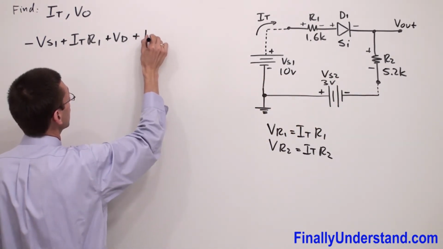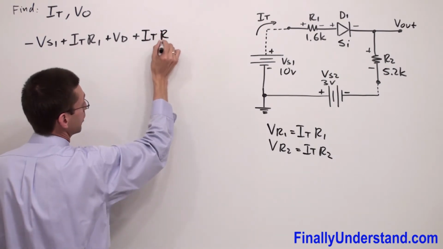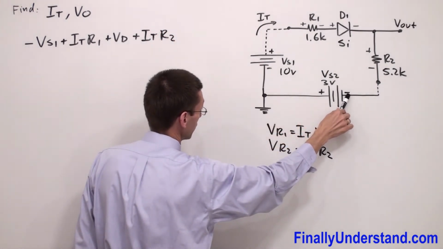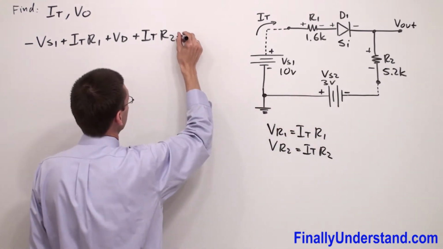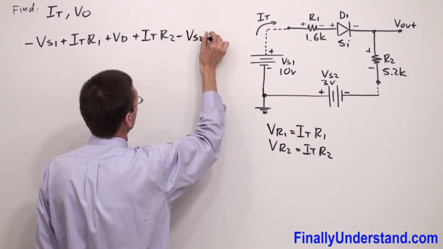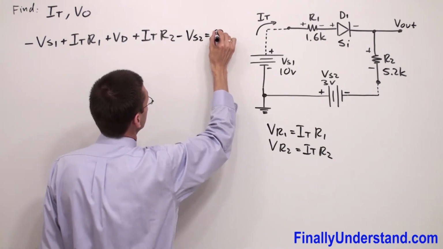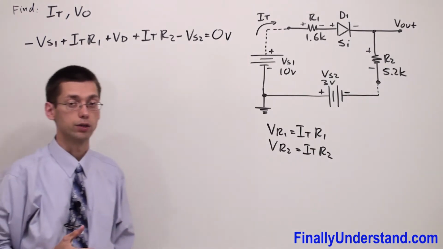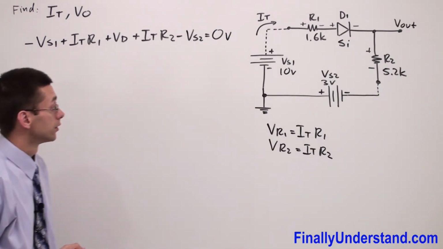So I have I total times R2, and I have a negative sign over here. So I have negative voltage source 2 equals 0 volts. Okay, this is the KVL equation for my circuit.